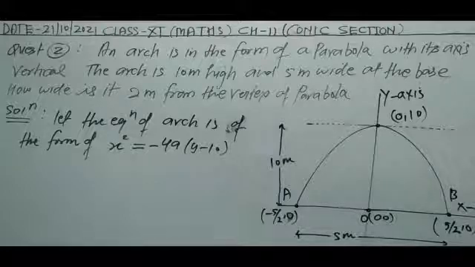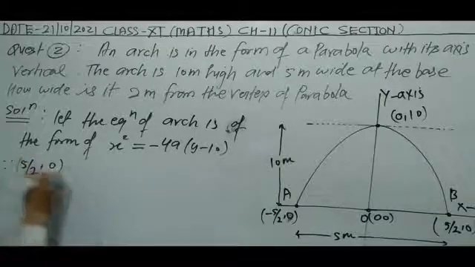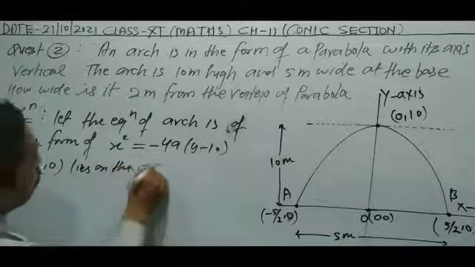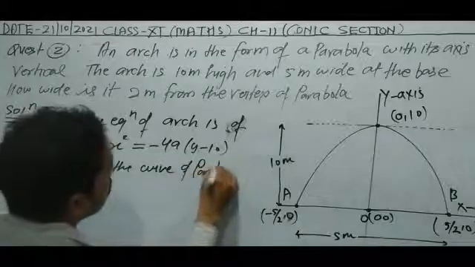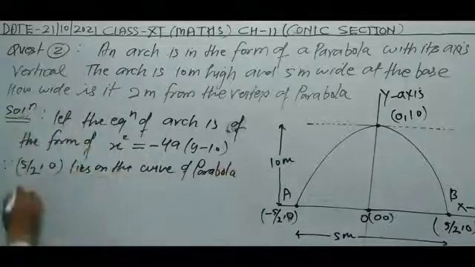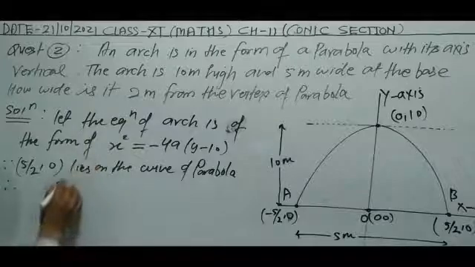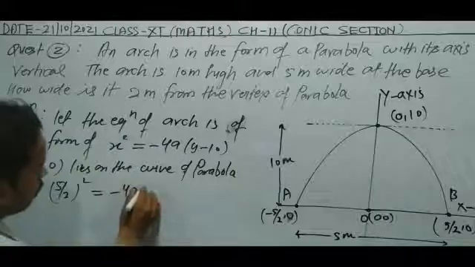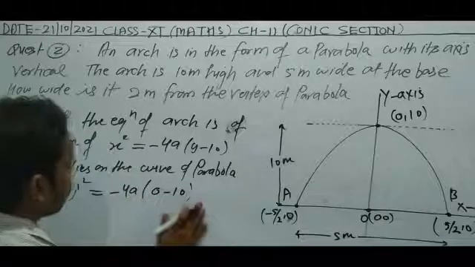Now you know 5 by 2 comma 0 lies on the curve of the parabola, therefore this point will satisfy the equation. So 5 by 2 whole square will be equal to minus 4 times a in bracket y, which is 0 minus 10.